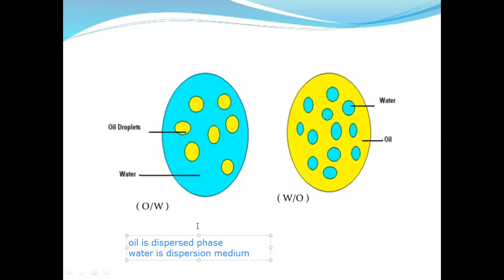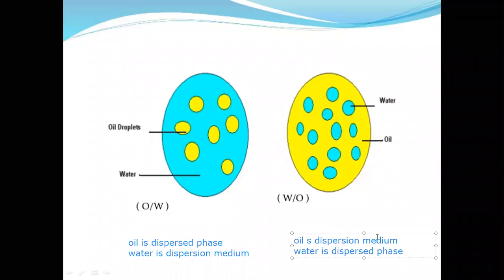The second type is water in oil emulsion. Here oil is the dispersion medium and water is the dispersed phase. Example, butter. Butter is a water in oil emulsion.